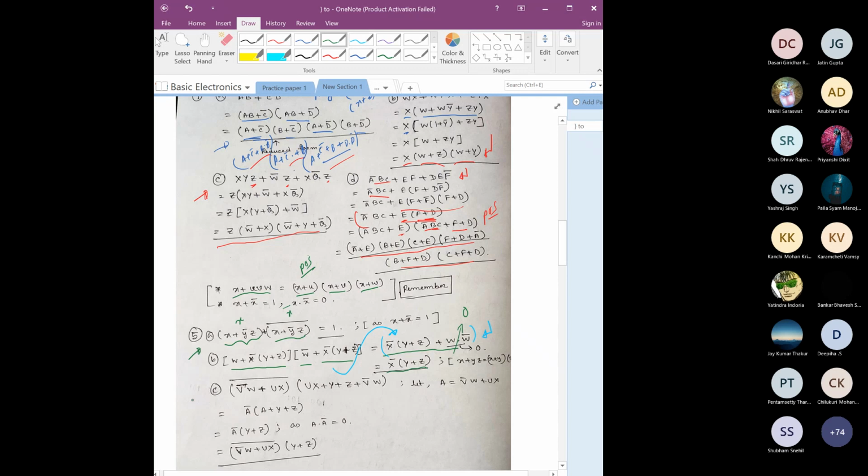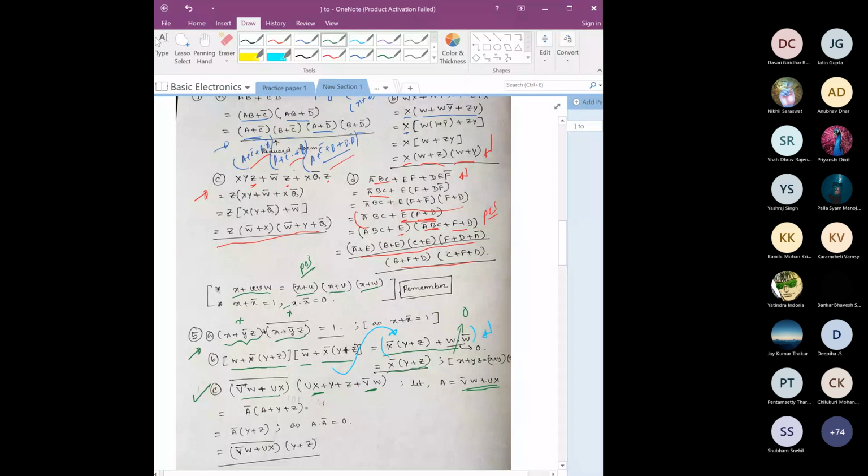Then if you see the third one, which is here, that is v bar w u x, whole bar, then this function u x y z plus this v bar w. Then here, if we take this part inside as a, then this is a bar, and we have taken this one and this one as a, and it will become a bar into a plus y plus z, right?